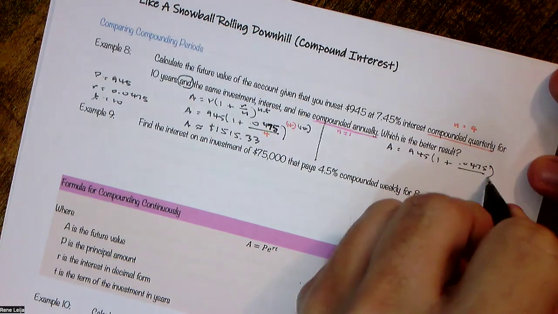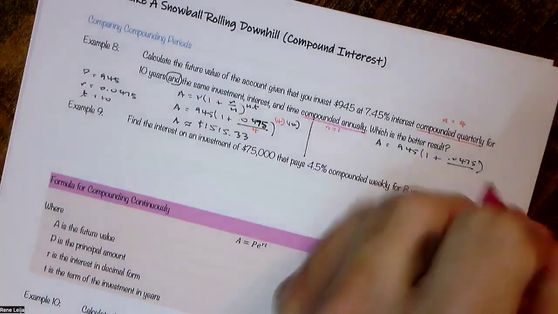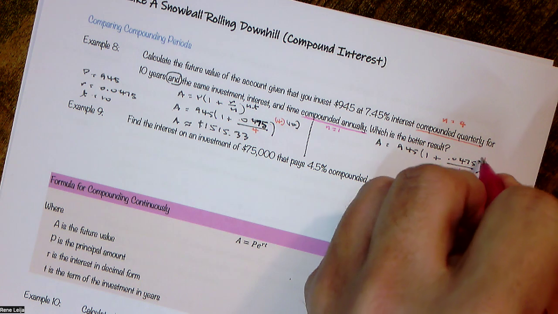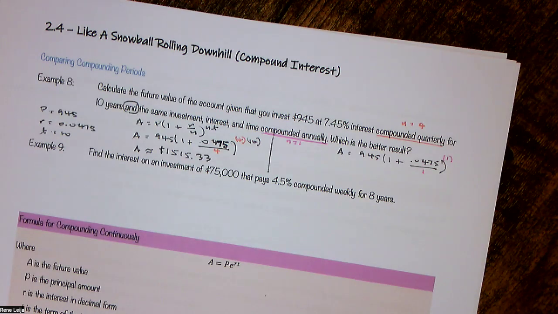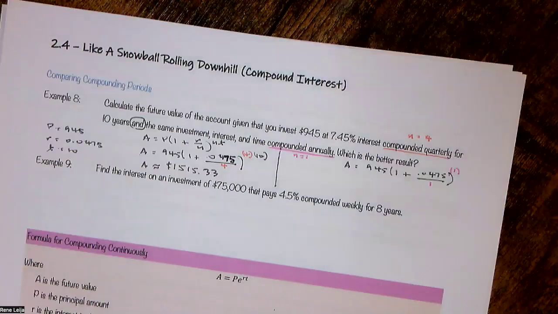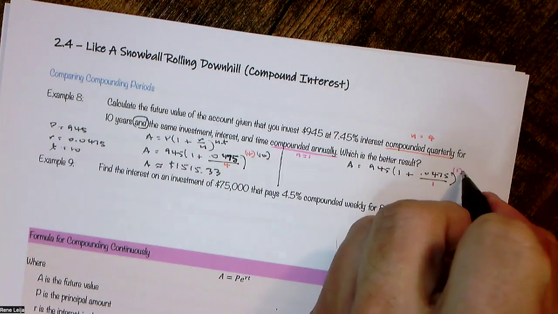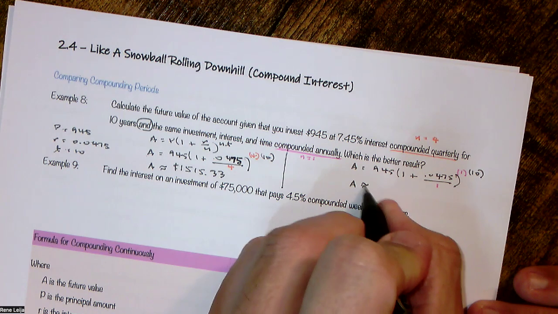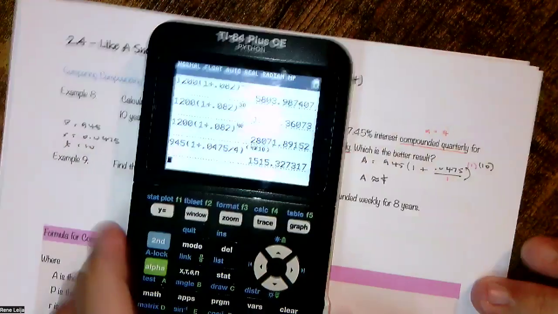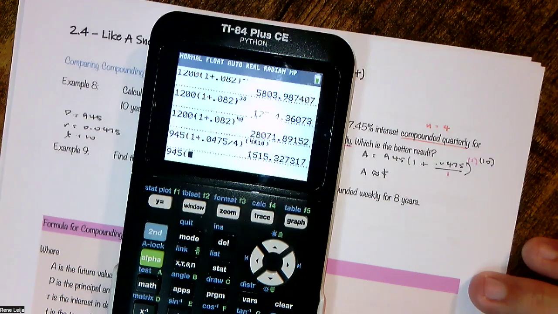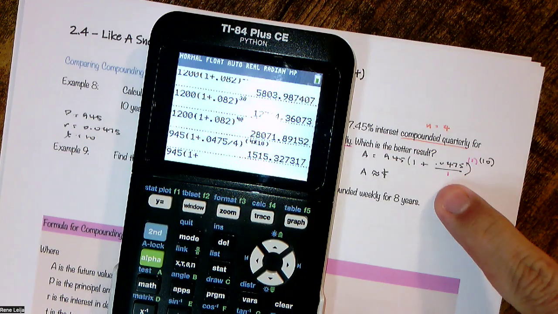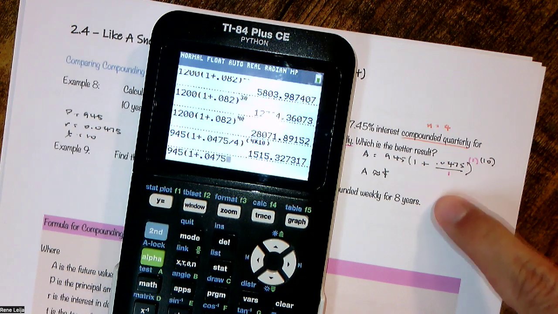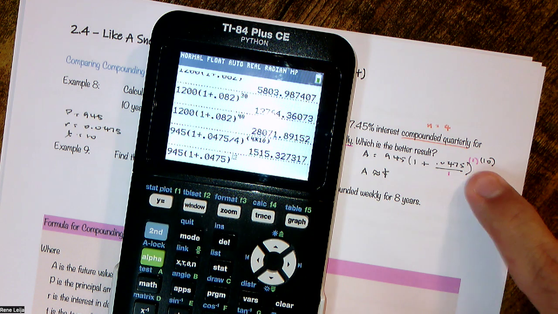And I'm going to go ahead, even though we're dividing this by 1, and still plug this in so that you can see where this number is going to go in your calculations. Okay, T is 10. All right. And then A is going to be approximately how much? All right, so here we go. So 945 open parentheses 1 plus. Now, I'm just going to enter 0.0475. If I divide it by 1, it's still 0.0475, right? And then we're going to raise that to the 1 times 10, which is just 10 power.